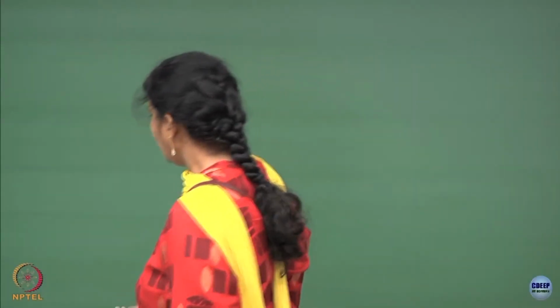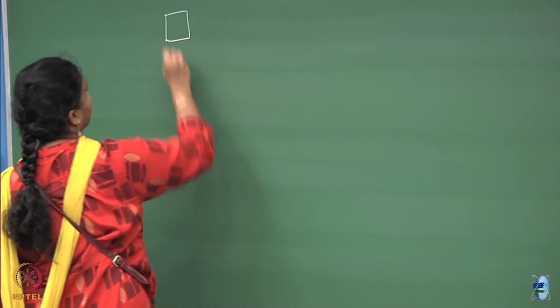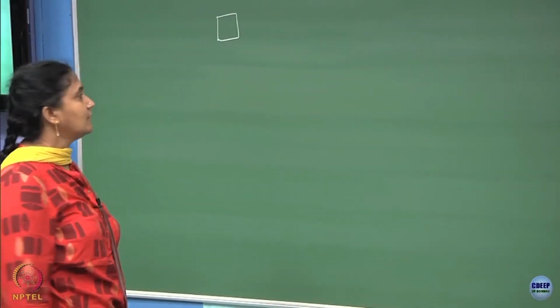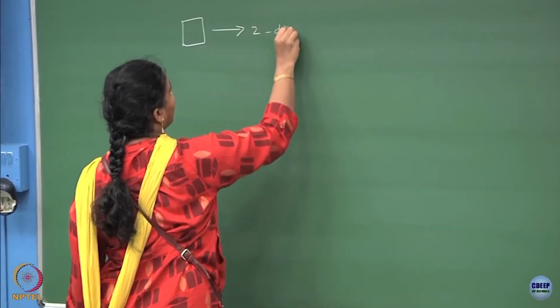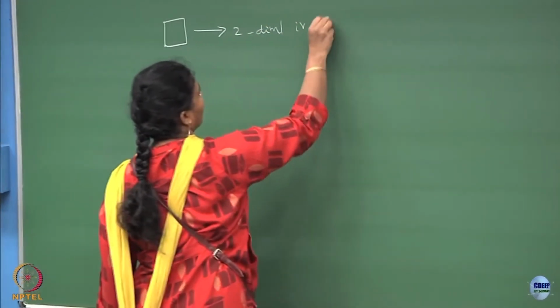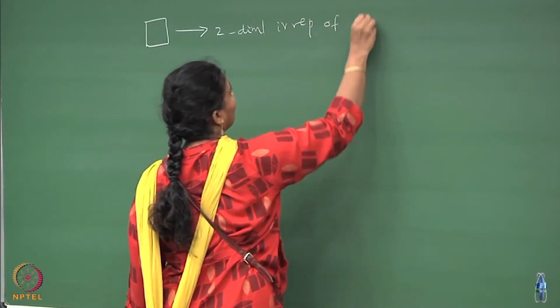So, basically I said that this single box will be a 2-dimensional irrep of SU2.